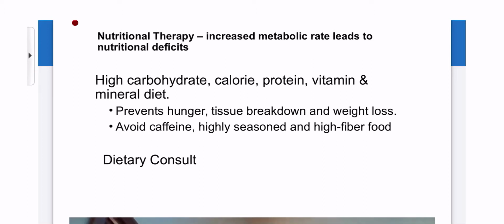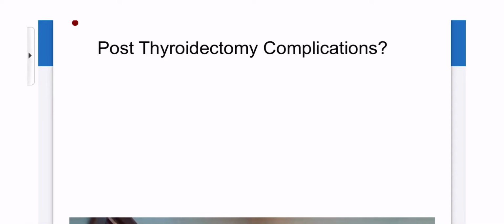A dietary consult is also very useful to pack what they do take in with as much nutrition as we can. The other consideration, because we were talking about airway here, is if they've had thyroid surgery, if you're thinking like a nurse, what do you think could go wrong in your post-op care of this patient?